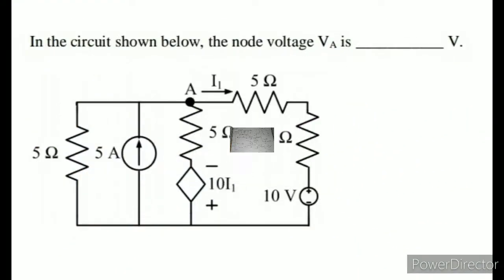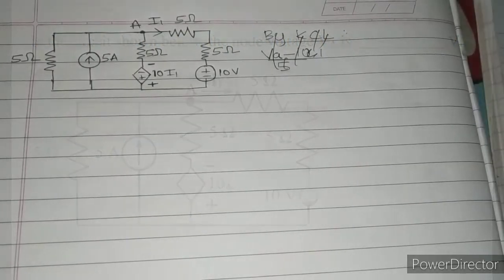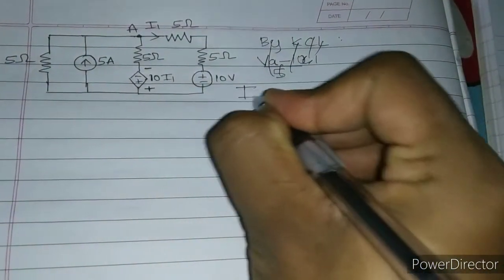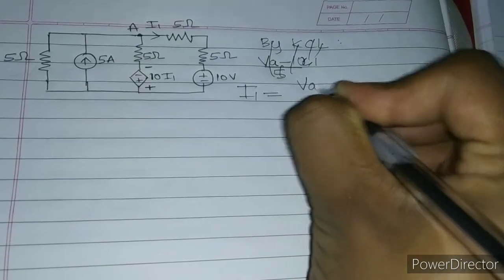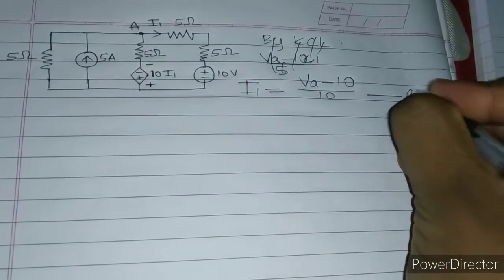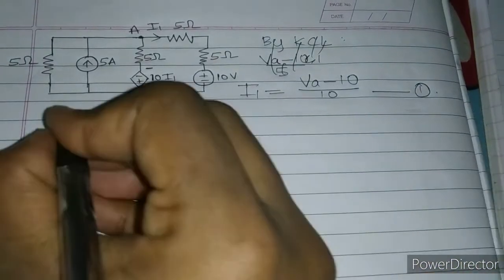In this question we have to find out the node voltage VA. The current I1 in the circuit is equal to VA minus 10 divided by 10. Let this be equation number 1.